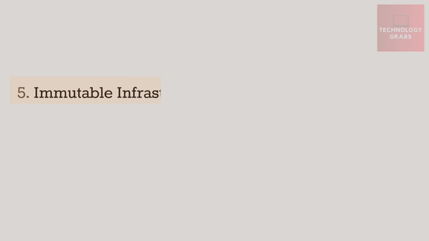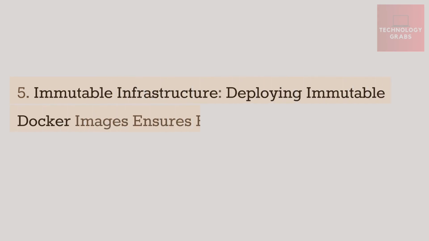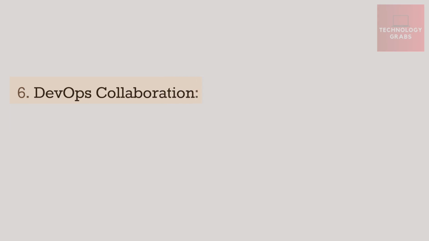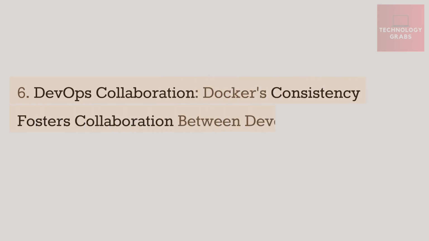5. Immutable infrastructure. Deploying immutable Docker images ensures reproducibility and eliminates configuration drift. 6. DevOps collaboration. Docker's consistency fosters collaboration between development and operations teams. Example CI/CD tools. 1.